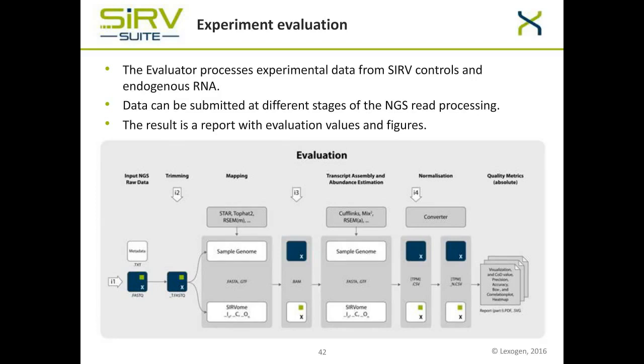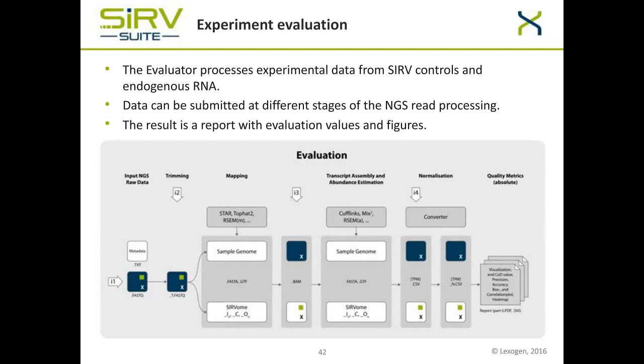So at the moment you have to use already mapped data to enter the evaluation pipeline, but of course first of all the other modules will be added in the near future, and secondly, because this is a Galaxy environment, all those mapping tools like STAR, TopHat and so on are available to you.